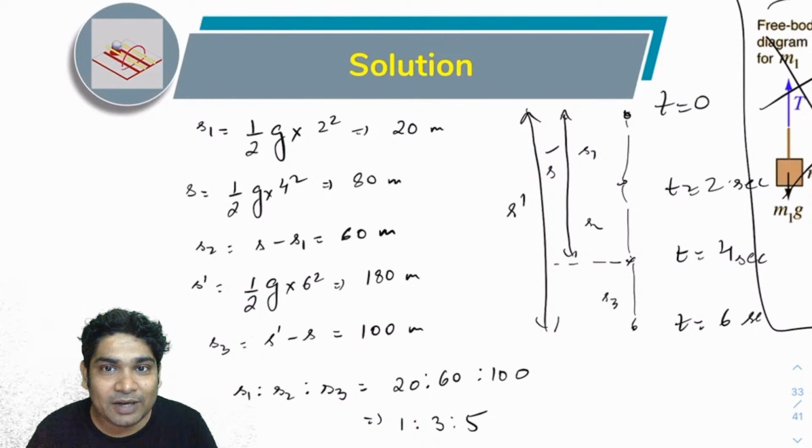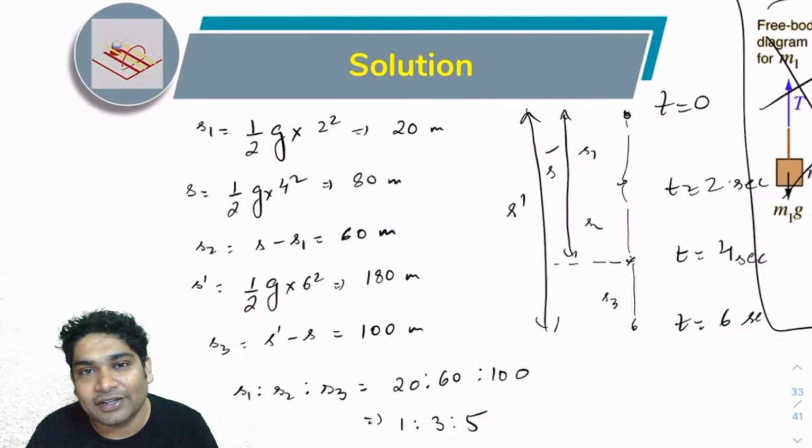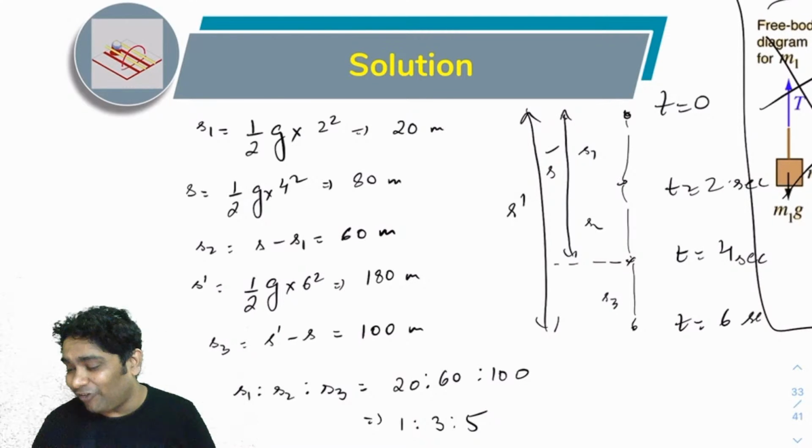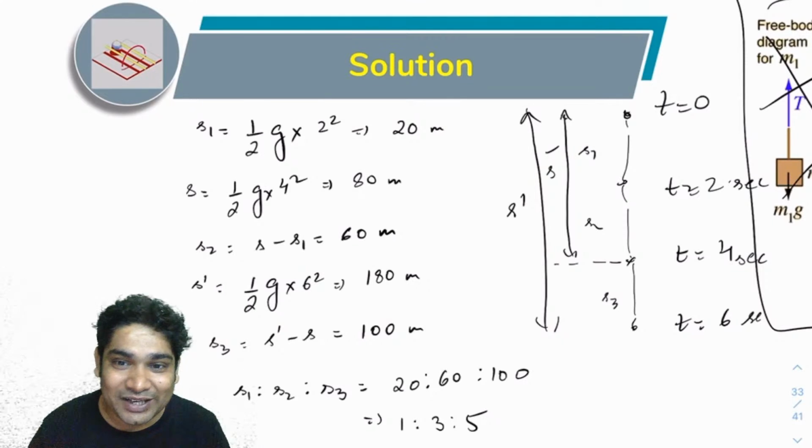So divide all of them by 20 in the ratio. The ratio has been asked. No, how do you calculate ratios? I think you need to study maths first before you want to try your physics.